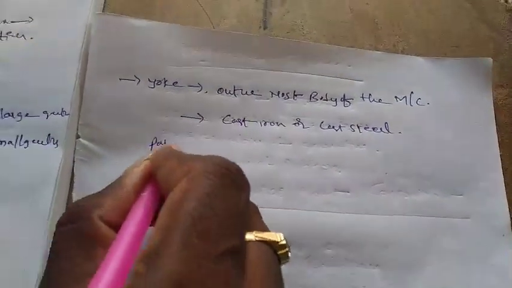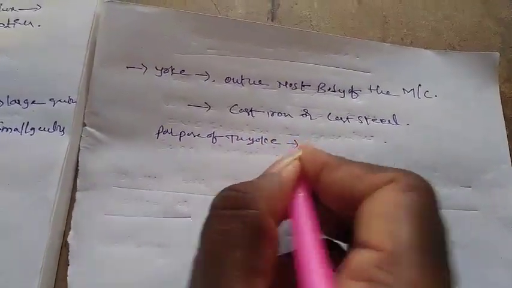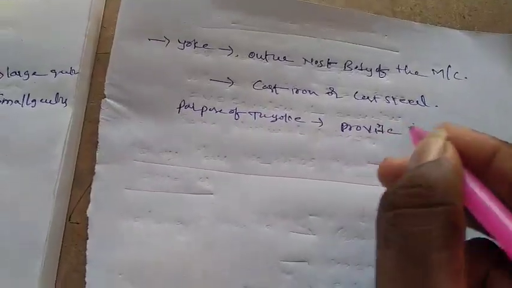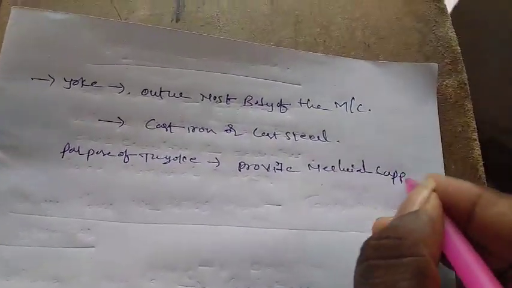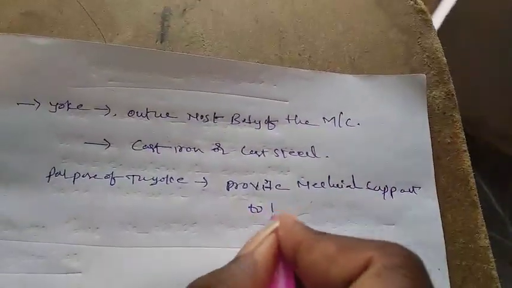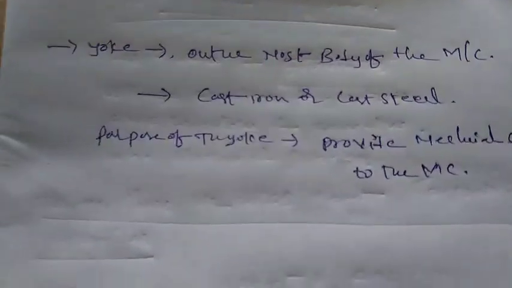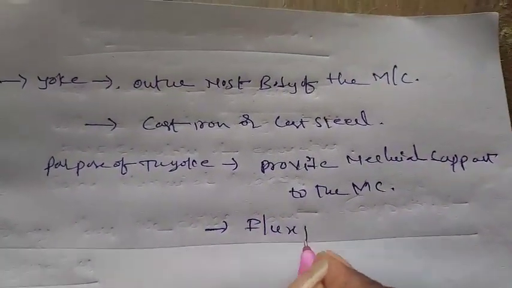The purpose of the yoke is to provide mechanical support to the machine, and also to provide a flux path.